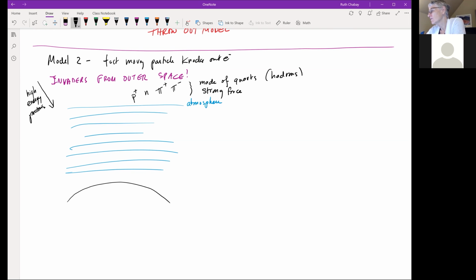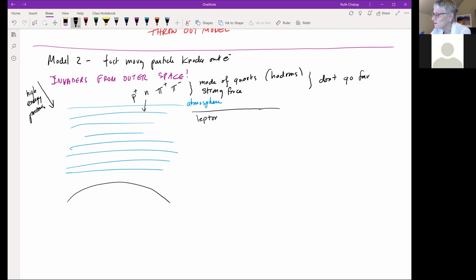And so they don't get very far, because if they start going down toward the Earth, there's a lot of air there, and they just can't go far. So that's not going to help us make a spark on the Earth. There's some other stuff that gets made in these reactions.